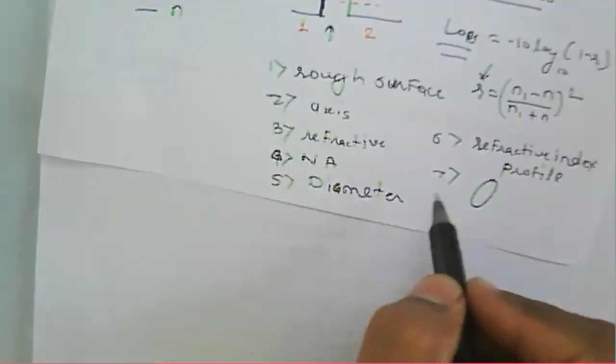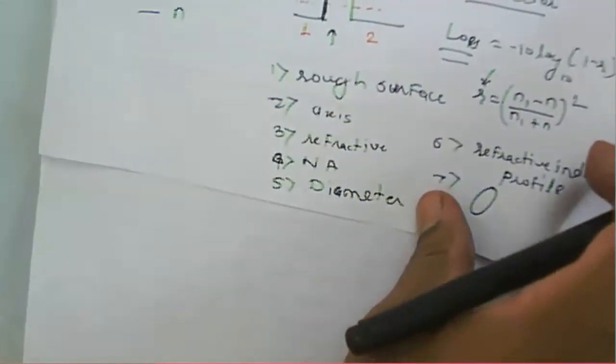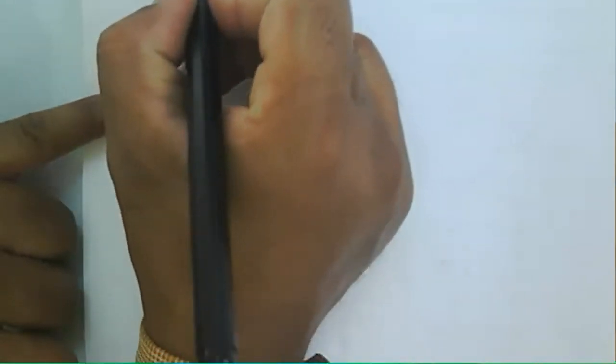So these are the various factors why that loss will occur when we join the two fibers. Then we can remove these losses by perfectly aligning the two fibers.